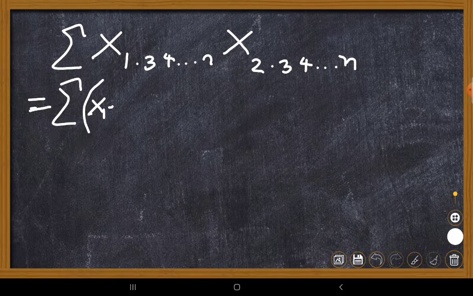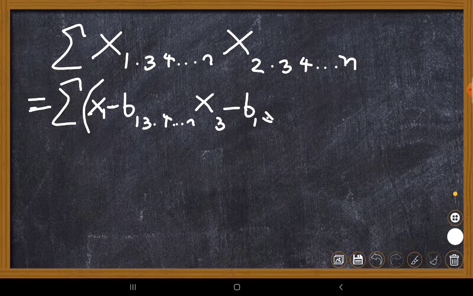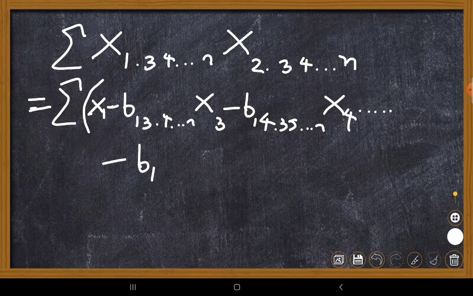This will be x1 minus b13.4 up to n of x3, minus b14.35 up to n of x4, and so on, till the last term minus b1n.34 up to n minus 1 of xn.